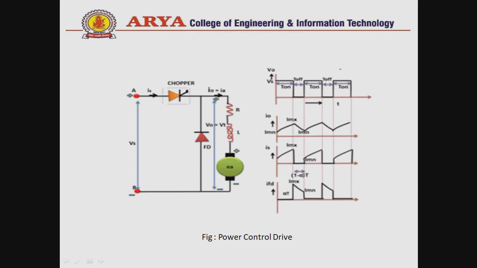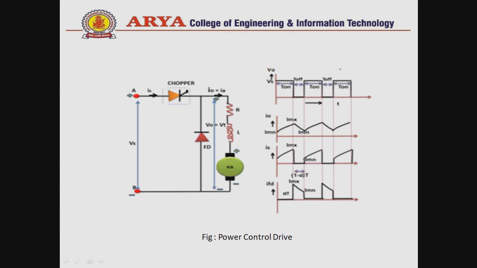When the supply goes to the chopper and the chopper is on, then current flows in the armature circuit, the output current is equal to the armature current, and the output voltage is equal to the input voltage, that is the supply voltage Vs, which we can also call the terminal voltage Vt.